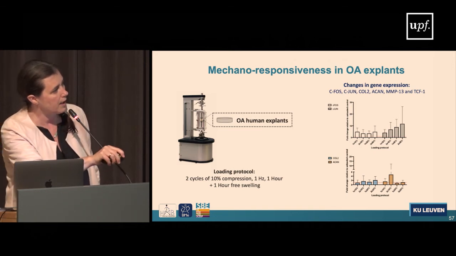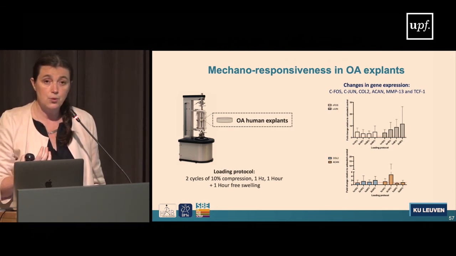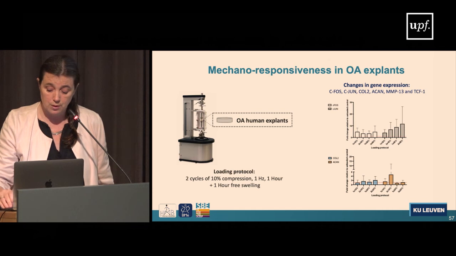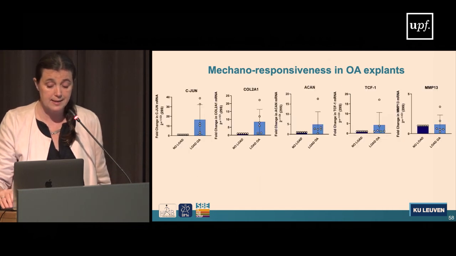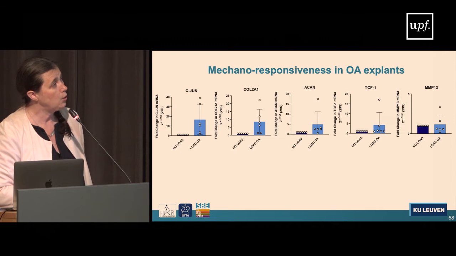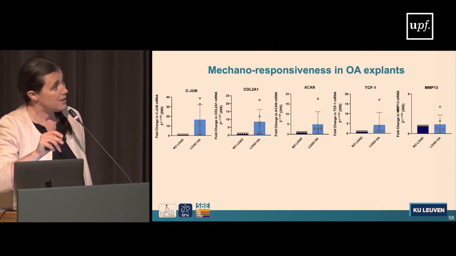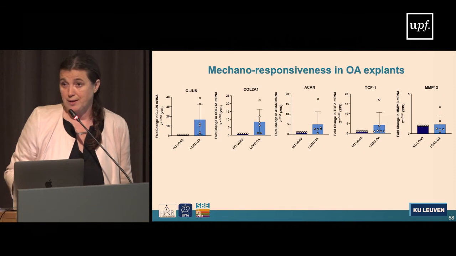Sorry, my pointer died. And you also see that we have an anabolic response in ACAN and in COL2. So we are using this to relate the loading to the molecular changes in the explant. Now, when we look at the mechano-responsiveness in these OA explants, it's very nice if you look at the average value, right?